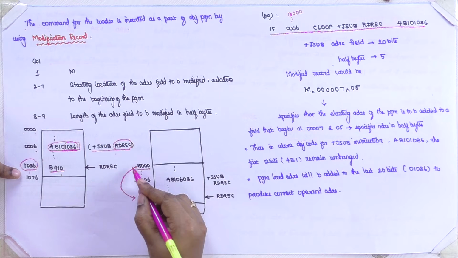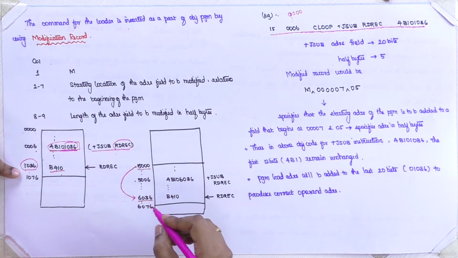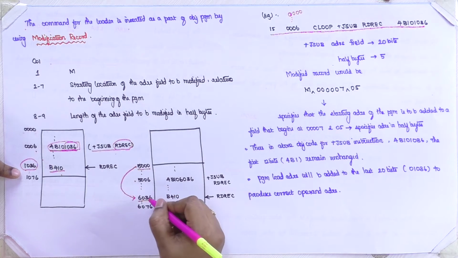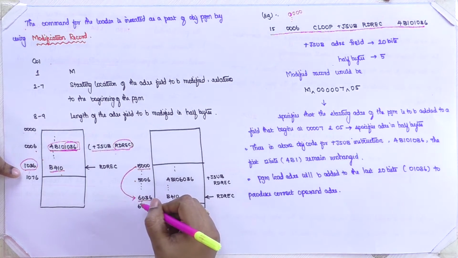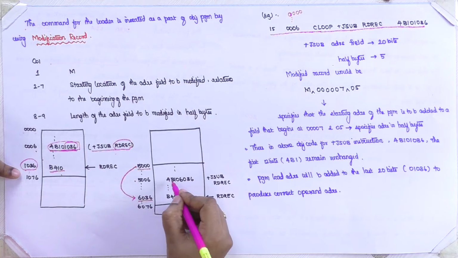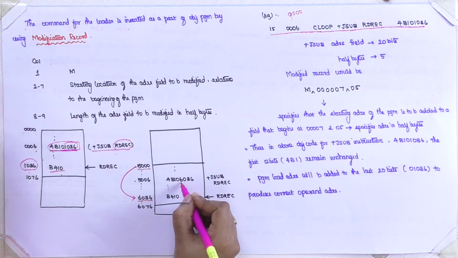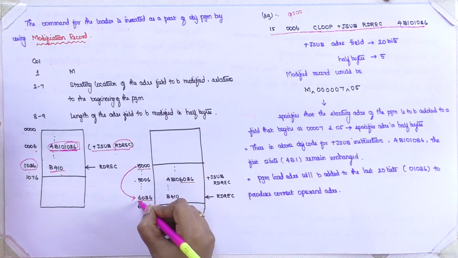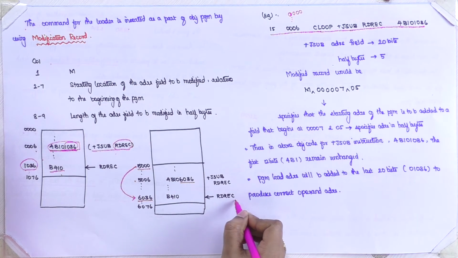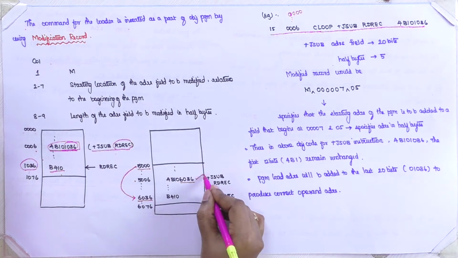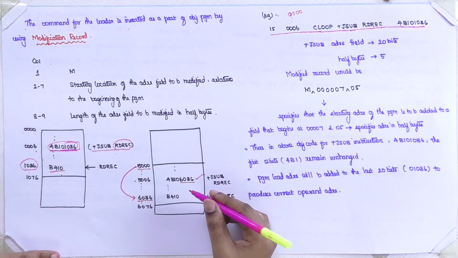So when the starting address of the program during loading is added, my address gets changed correctly. Now 4B106036 will contain the actual RD REC value, so this instruction will get executed correctly.